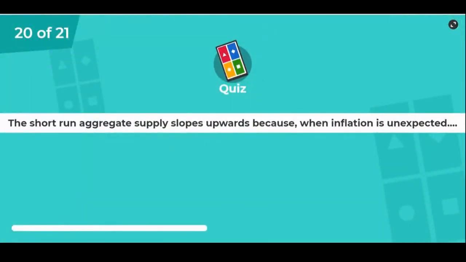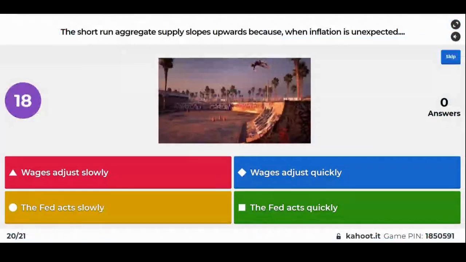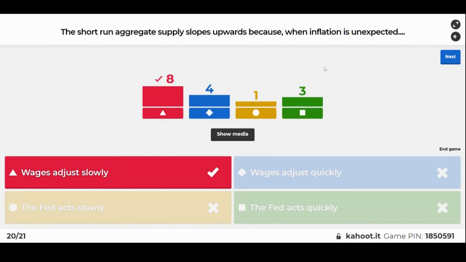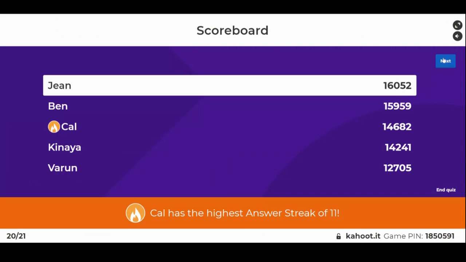Almost there. The short-run aggregate supply curve slopes up because what? When inflation is unexpected, what happens? Wages adjust slowly. The wages adjust with expected inflation, so any surprise in inflation means they do not follow along.